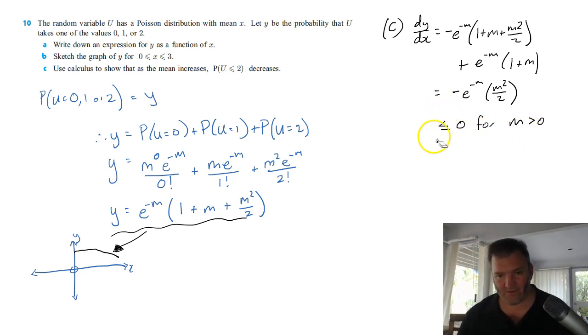It could equal 0 if m was 0, but we know that our mean value can't be 0 for a Poisson variable. So there we have it. This thing here is always negative, correct? And something squared divided by 2 is always positive. So I've got a negative, because it's negative e to the power of something, multiplied by a positive. The answer is still negative, which is less than 0 for all m greater than 0.